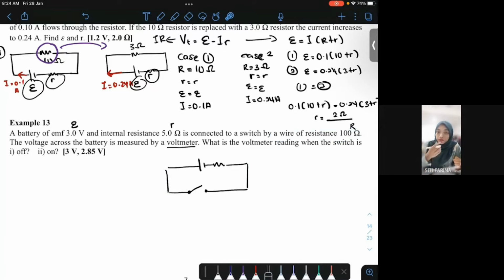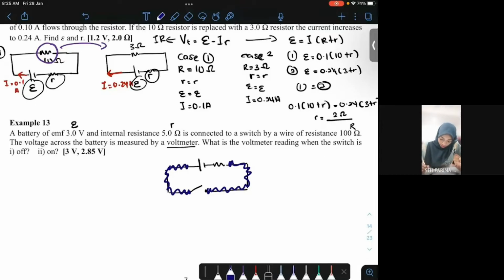Maksudnya sekarang, sepanjang-panjang tali ni, wire ni, kita ada 100 ohm resistance. Okay, so in your wire, you have 100 ohm of resistance. So sepanjang-panjang ni, akan ada resistance. Okay, so what is the voltmeter reading when the switch is off ataupun on?